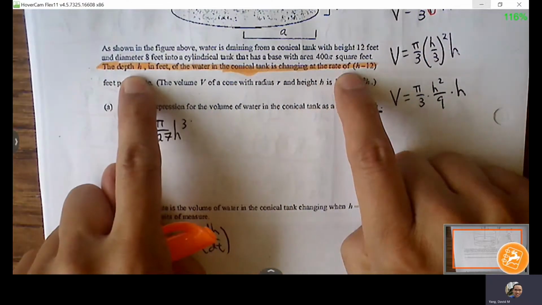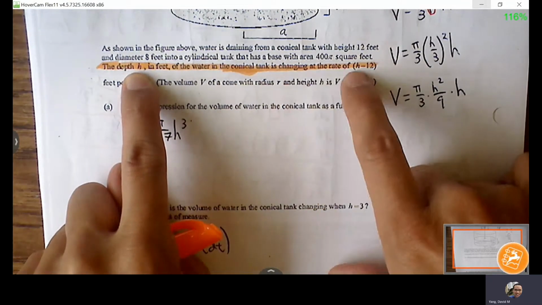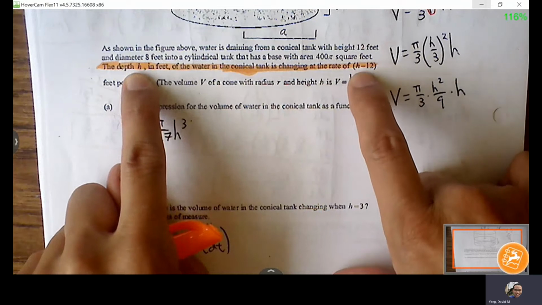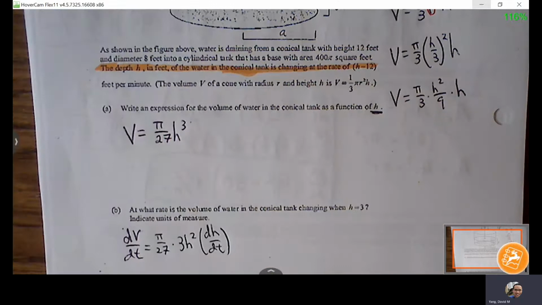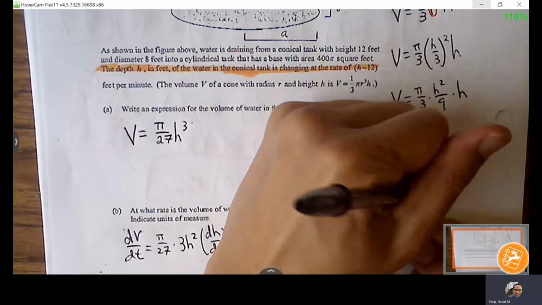So we see the word changing, so you know it's dh/dt. It's a little strange because they don't give us a number, they give us a variable. But we'll just make that adjustment, and then we should still be able to get down to a number. So we have to understand that this is referring to dh/dt. So I'll put that to the side here. We know dh/dt is h minus 12.